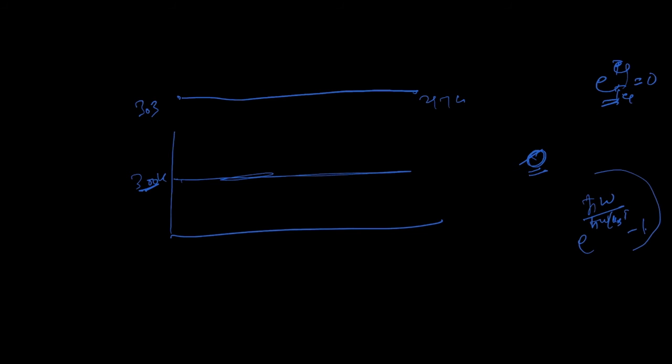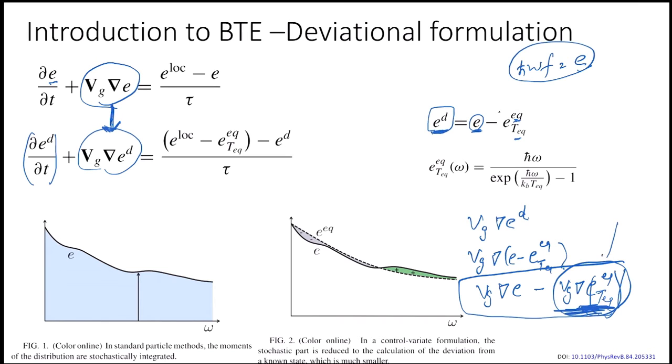This equation doesn't depend on x except for this T. If temperature is constant, this derivative becomes 0, and this term would drop to 0, and we are left with only the Vg gradient of E deviational particle, which becomes the same as this. So basically that's the assumption we have made.